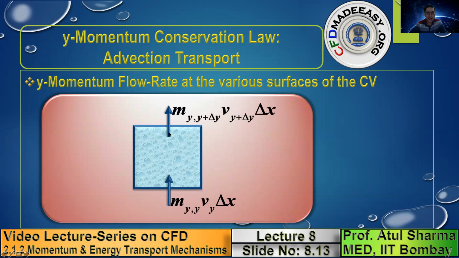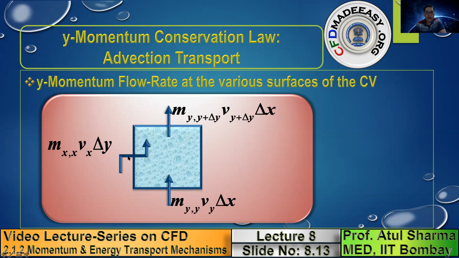Both are in the same direction, so the arrow shown here is vertical. Whereas for the left and right surfaces, the mass flux mx involves u velocity, because mx equals rho into u, so the mass flux is in the horizontal direction, and the passenger, which is the velocity for the transport, is in the vertical direction.